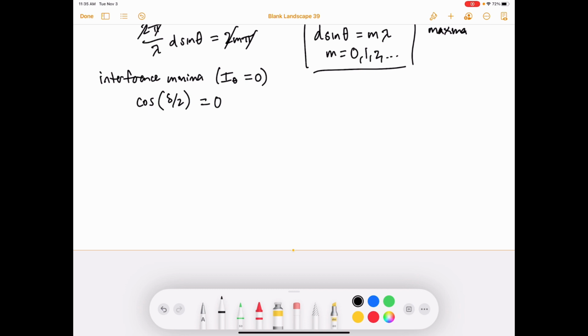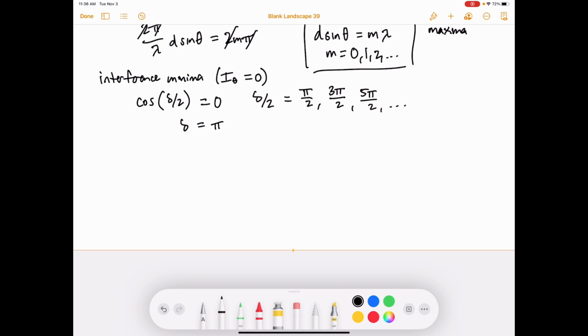And so the question then becomes, what angle delta over 2 gives me 0 when I take the cosine of it? Well, pi over 2, cosine pi over 2 is 0, 3 pi over 2, 5 pi over 2. These are the possibilities. But if I just want delta, then I multiply all that by 2.